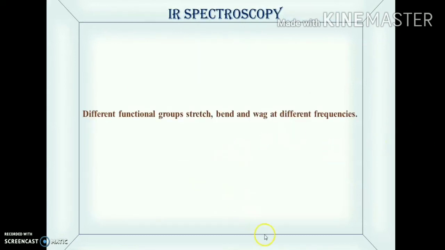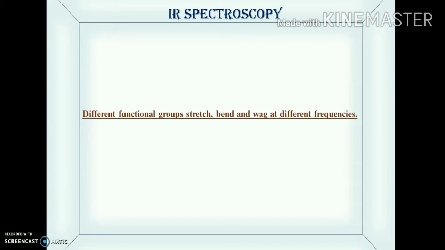Up till now we have learned that different functional groups stretch, bend, and wag at different frequencies, and when IR radiation is subjected to such molecules, they absorb it and start vibrating with a higher amplitude. Right. So this is the basic principle of IR spectroscopy.